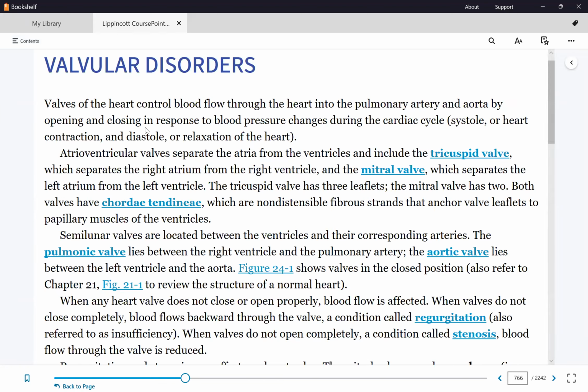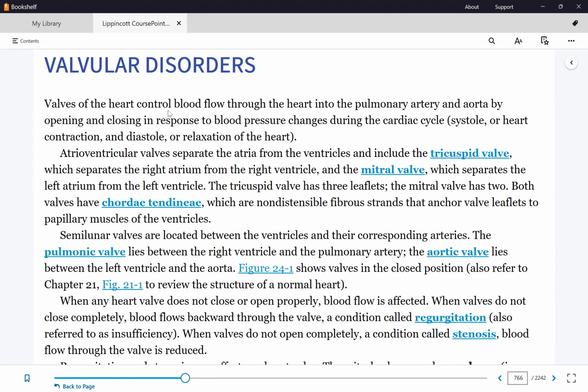Okay, valvular disorders. There are two sets of valvular disorders, either stenosis or regurgitation. Either the valve does not open completely or the valve does not completely shut. Whichever is the cause, let's say endocarditis, for instance, which is the most common, or it could be congenital, you're born with it.